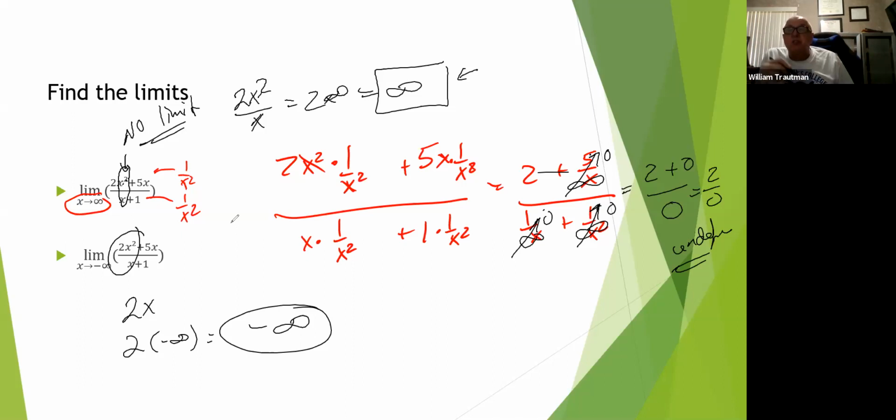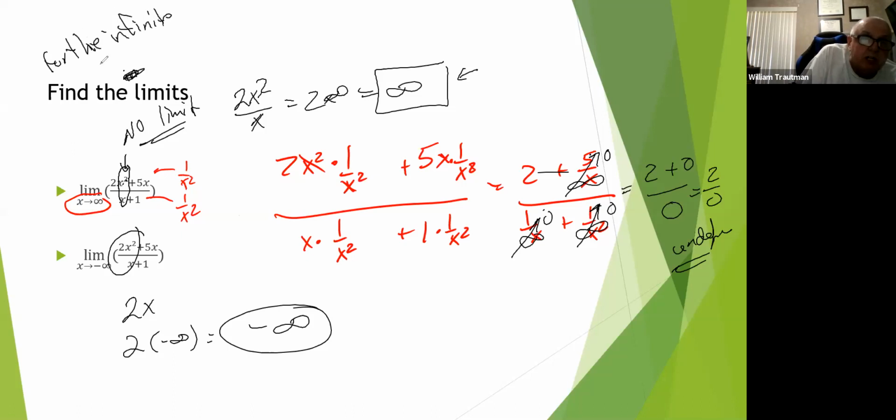If the problem just says find the limits, the answer should be no limit. On a test and in the homework, it usually says when you're dealing with infinite limits, find the limit. So then you can say infinity is your limit.